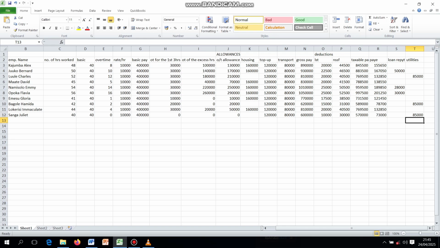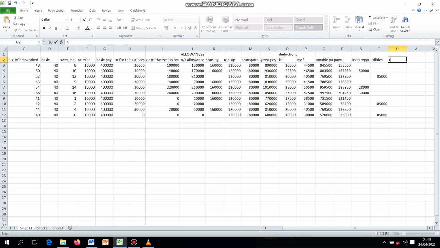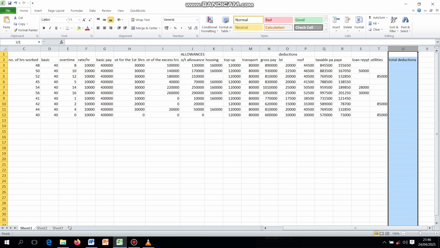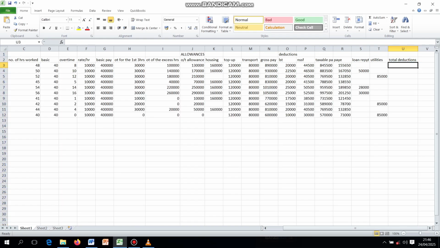So then I will go to the next one after getting all the deductions. I sum up all the deductions, so here I will write the total deductions. How do I get them? I'm going to use our formula, which will be equals the local service tax, then I will add the NSSF, then I will also add the PAYE.